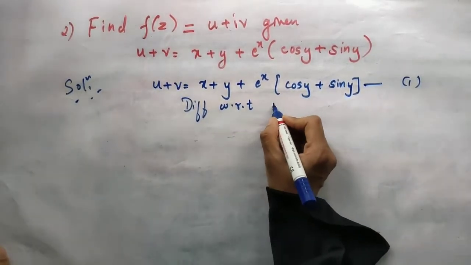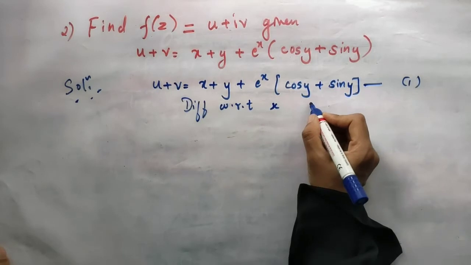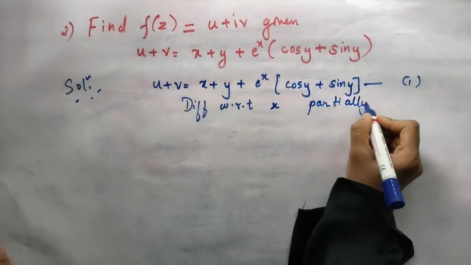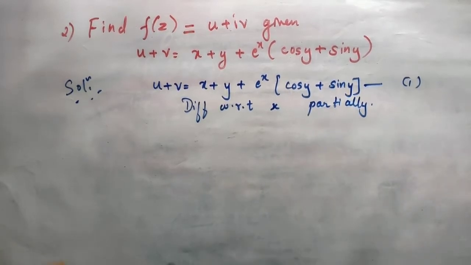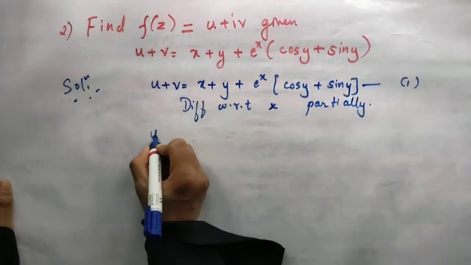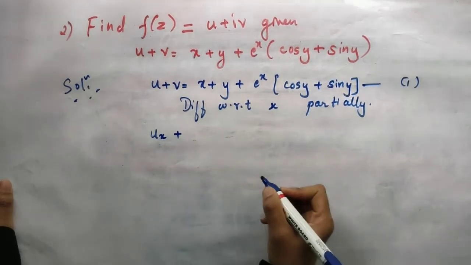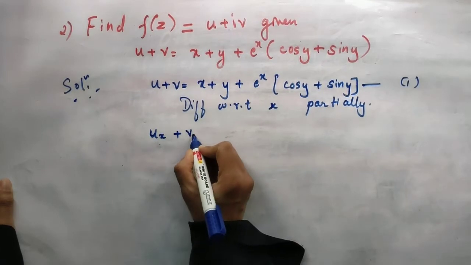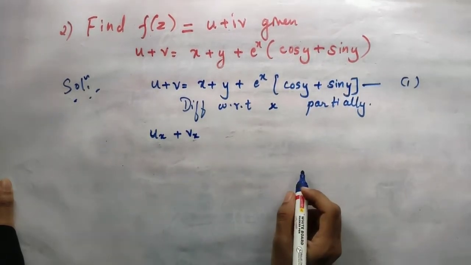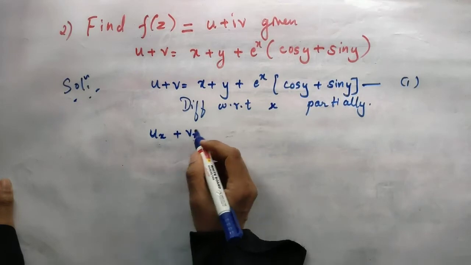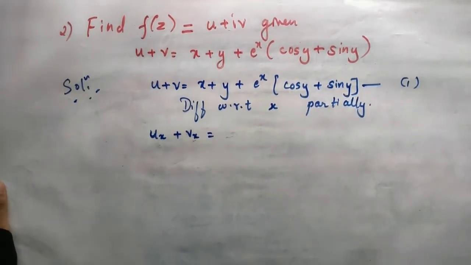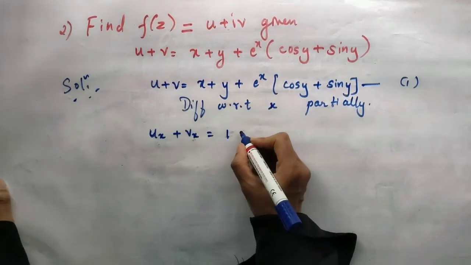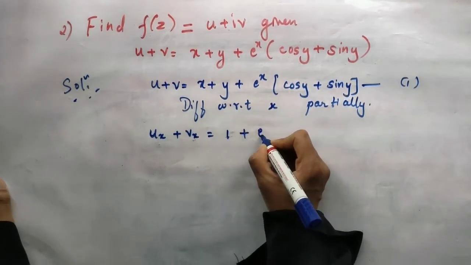Differentiating this with respect to x partially, you will get ∂u/∂x, which I can also write as u_x, plus v_x, which is equal to the derivative of x with respect to x, which is 1, the derivative of y with respect to x, 0, plus the derivative of e^x, which is e^x.